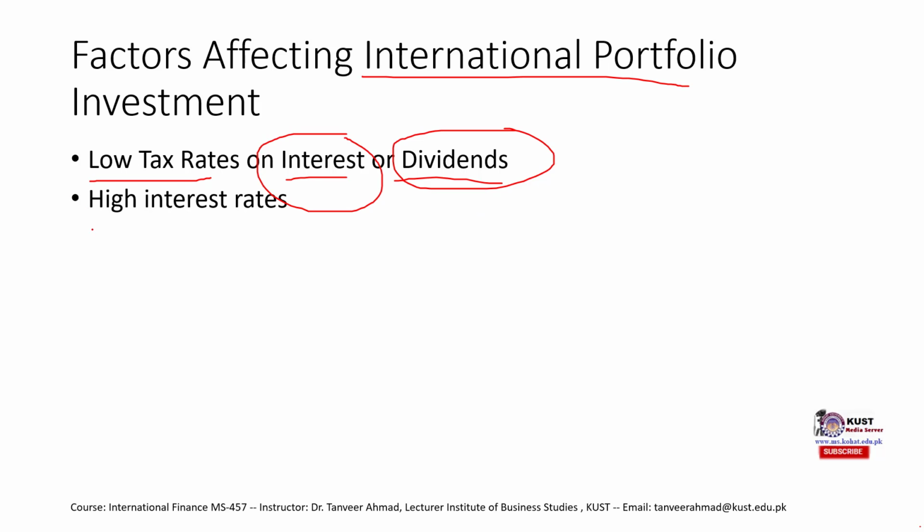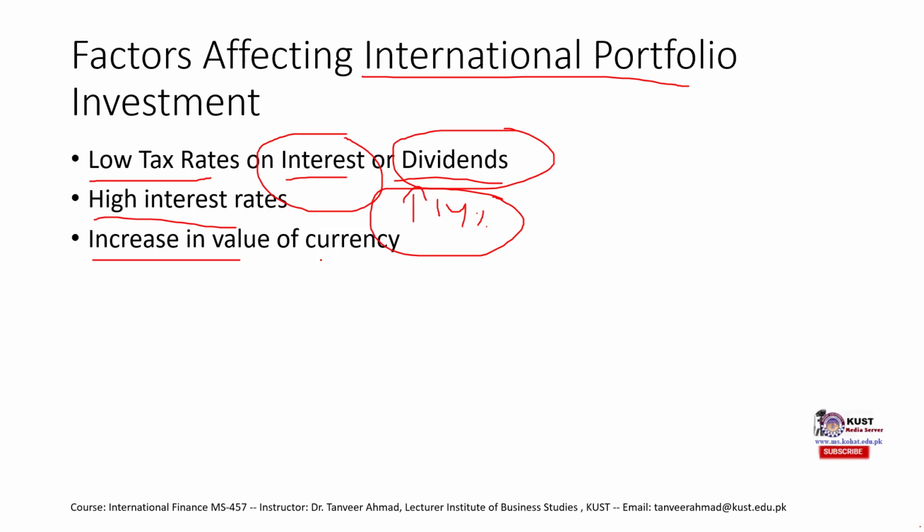Similarly, we have higher interest rate, and we have discussed this multiple times in previous lectures of balance of payment. It says that if interest rate increases, then the international portfolio investment will increase. And we saw that when Pakistan had a higher interest rate in the previous few months before March 2020, it attracted more international portfolio investment.